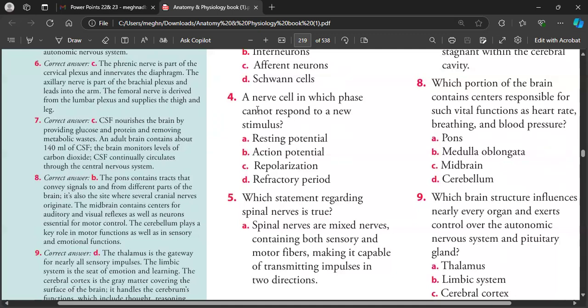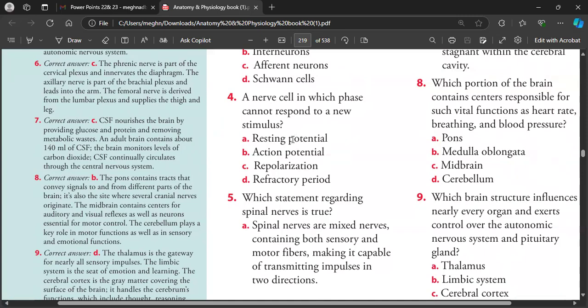Can you read it for me? The nerve cell in which phase cannot respond to a new stimulus?